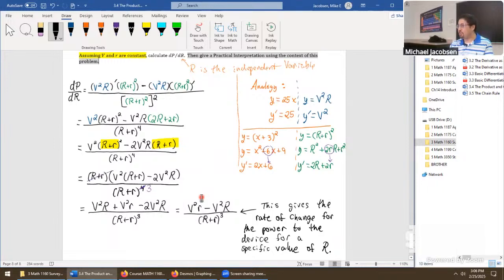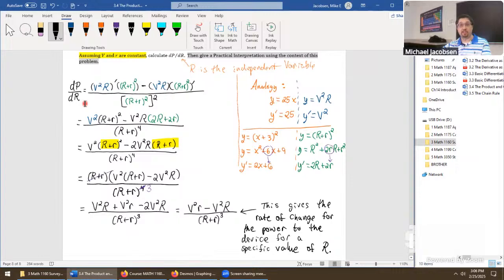And for a different analogy, any derivative you can kind of think of as a sort of speedometer. It's a rate of change. It's telling you how fast the power is fluctuating, either up or down, not based off time, but based off the actual resistance of the device itself. Increase that resistance, we might have that this is a negative value, meaning it's going down. Increase it and it might come out as a positive value, but this just depends on what R itself is set to.